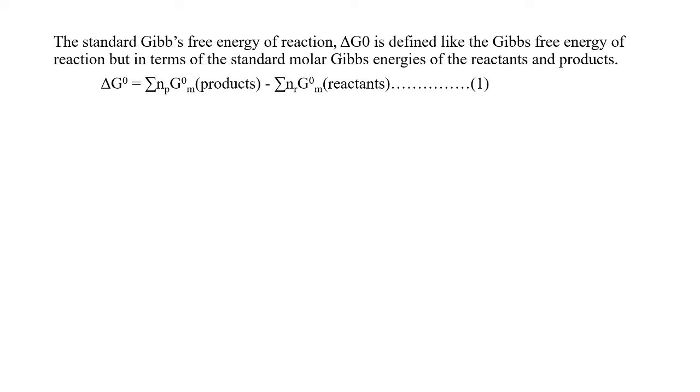So the standard Gibbs free energy of a reaction we can write like this: delta G naught equals summation of Np into the standard Gibbs free energy of a products minus summation of Nr into the standard Gibbs free energy of a reactants, but in terms of standard molar Gibbs free energy.